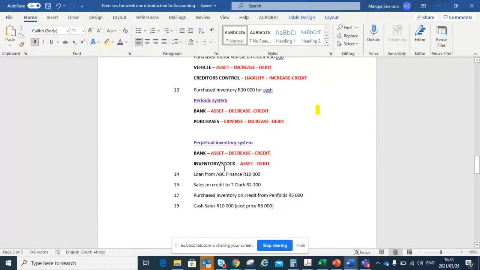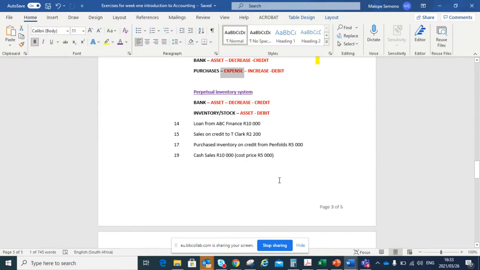Because here I'm forced. Even if you try to change and go to the other column, it doesn't allow you. It says, please go to asset. It forces you. But when you come here, it says, please go to owner's equity. Remember, expenses affect owner's equity. Can you see now? This will help a lot.